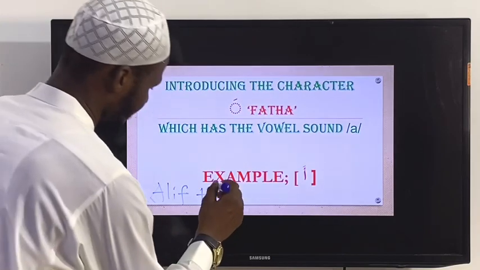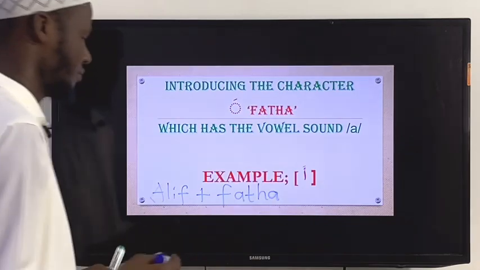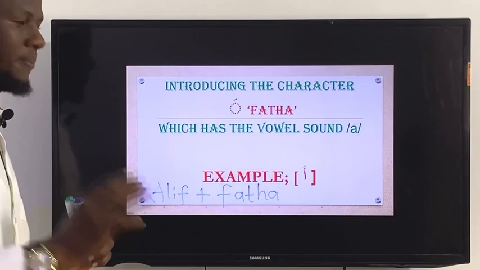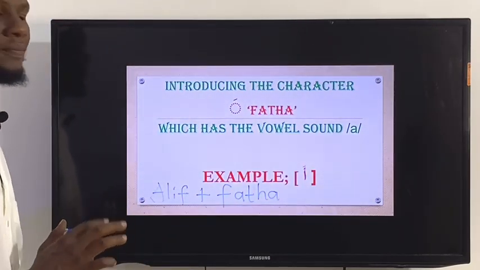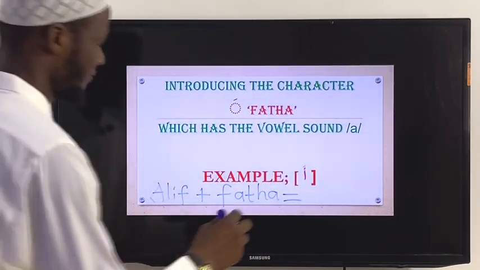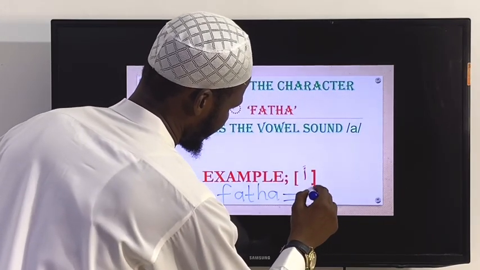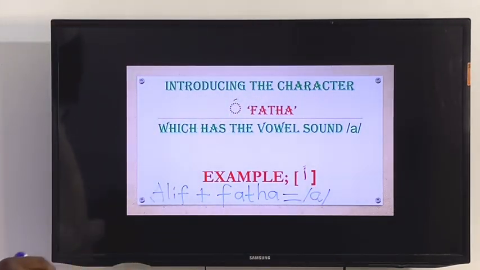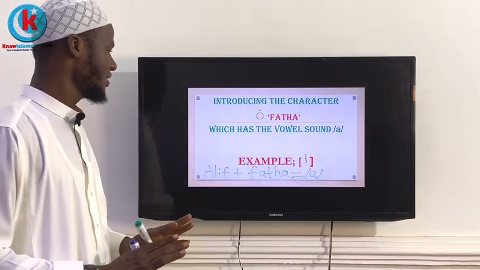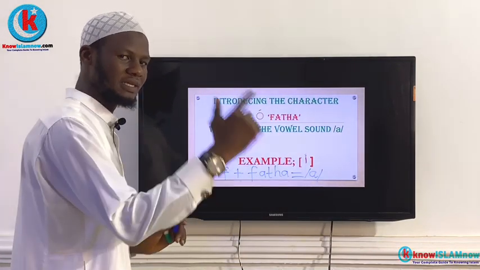Fatha. So alif, fatha. Alif, fatha. And that will give us a. Remember, the character fatha has the vowel sound a. So in other words, alif, fatha, a. And it goes in that order.